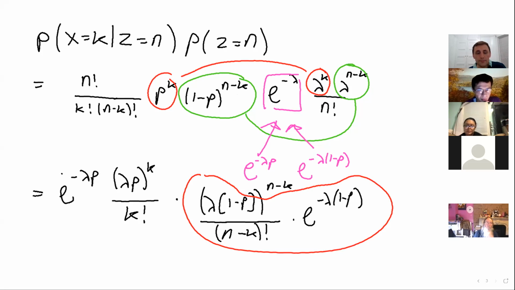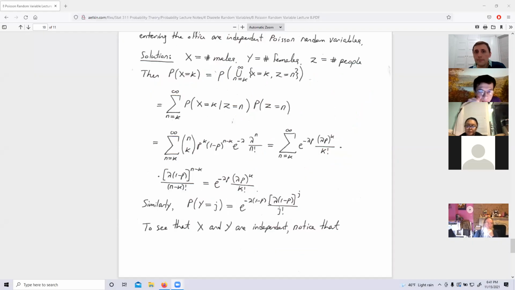And here is how it comes into play. What we have is the summation from n equal to k, right? So you see n equal to k and onwards, where do you see the n? You see it only in the second part.